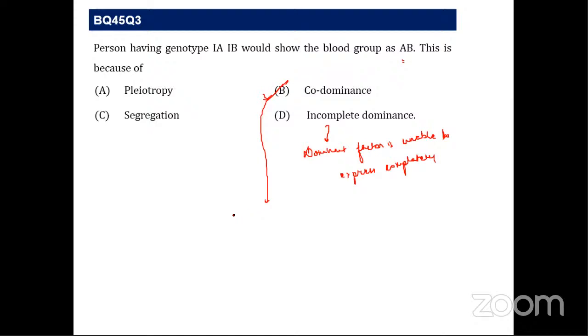In case of codominance, both the alleles of a gene are expressing. So basically here we are going to find that both the characters are expressed equally. So that is what codominance is, and this is one of the classic examples of codominance.